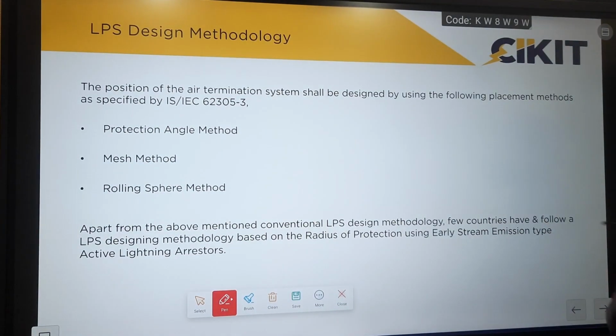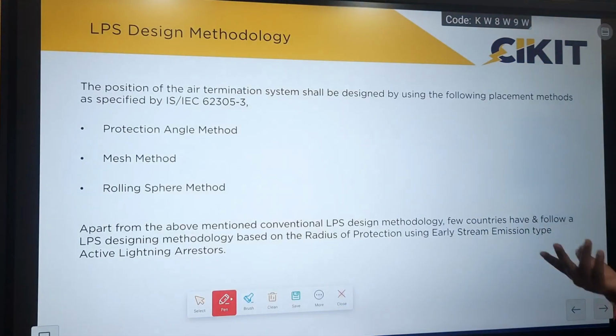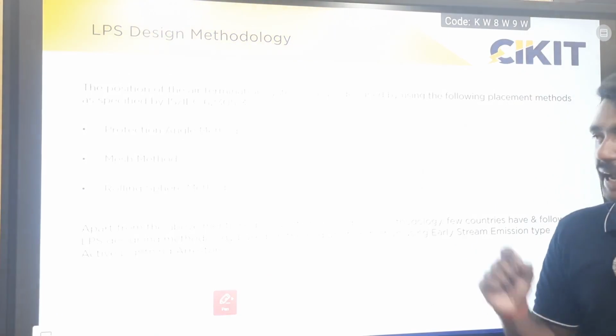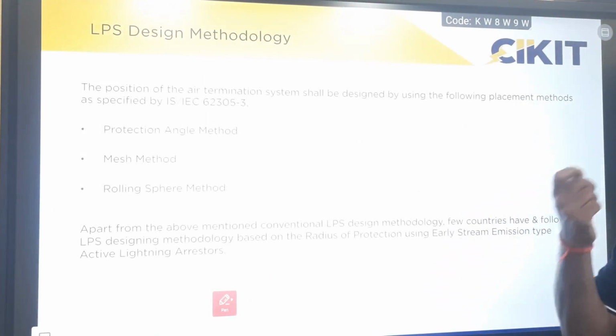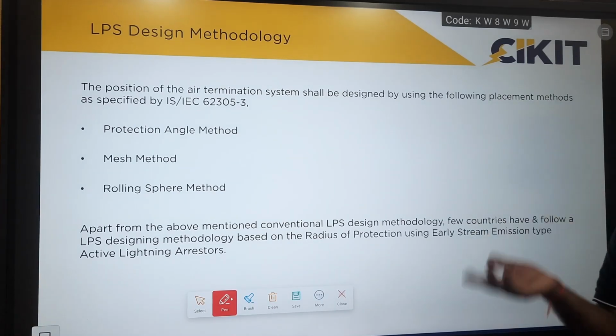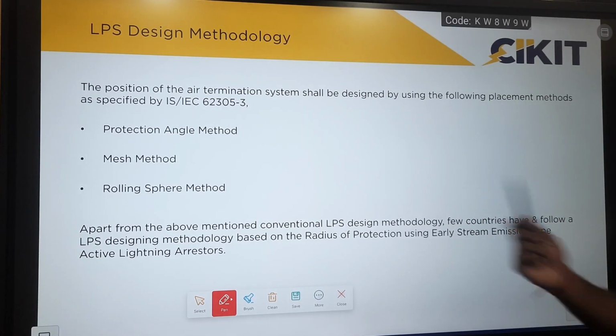For example, if you consider one building for which 4 air terminals are required, then I cannot place the 4 air terminals randomly. I have to place the air terminals at suitable places to ensure the protection. To determine the number of air terminals required for the site and the position of each air terminal, the standard has provided 3 methods.